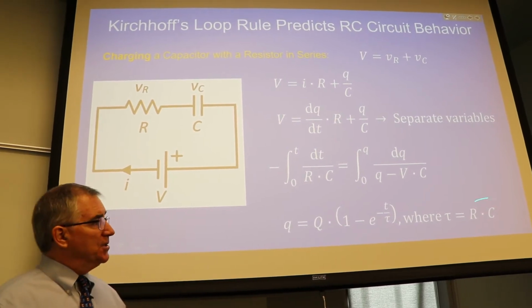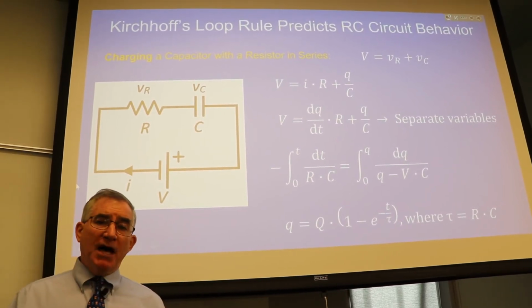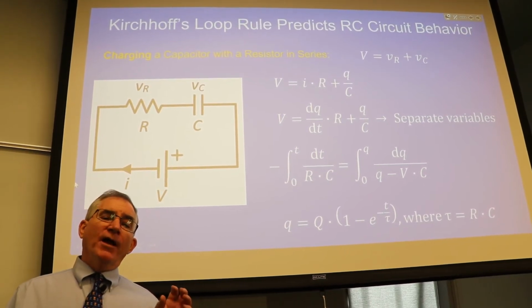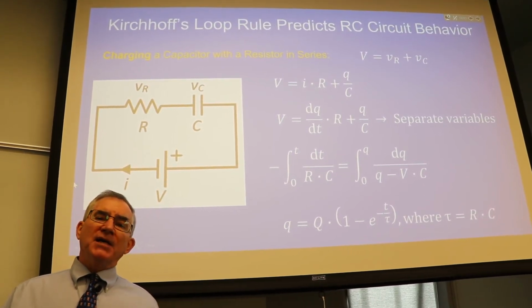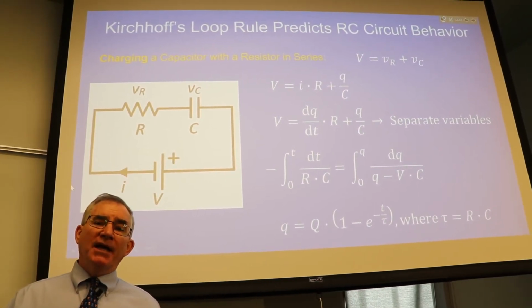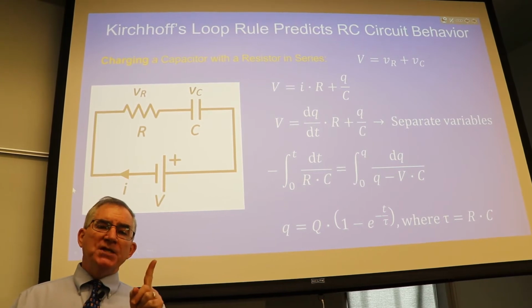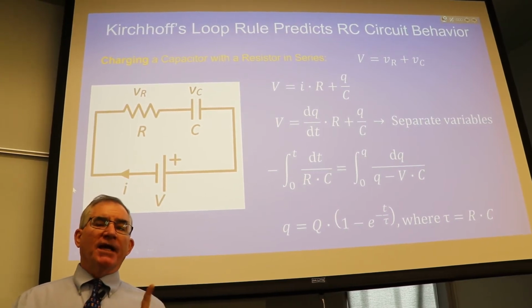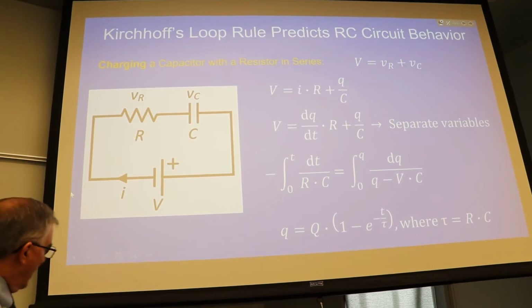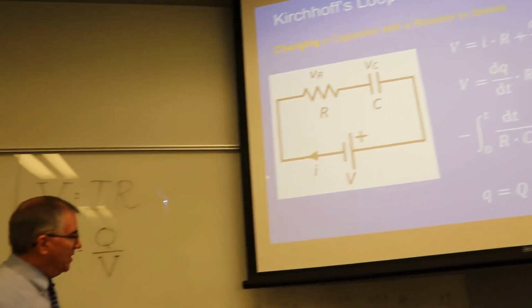So the combination of those two numbers turns out to be a time unit, and it's a measure of when the capacitor has charged up about 67% of its value. So after one time constant, and we'll show you in a second, it's charged up to 67%. Here, I'll show you that it comes out to be time.